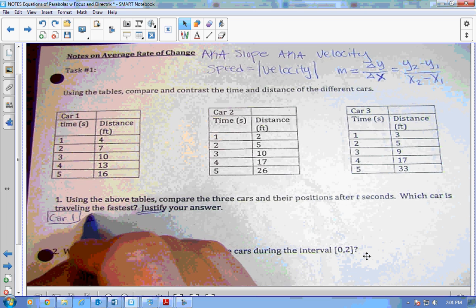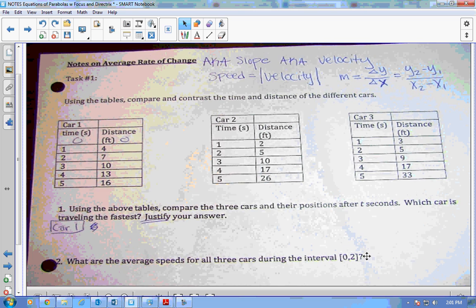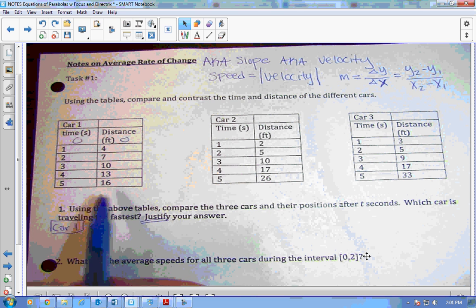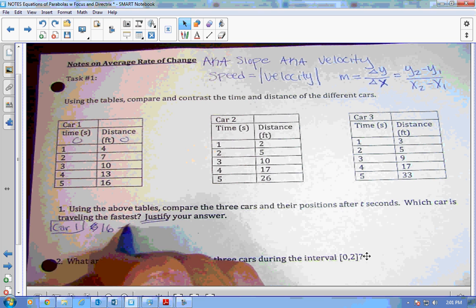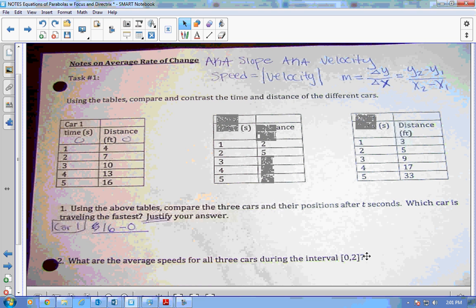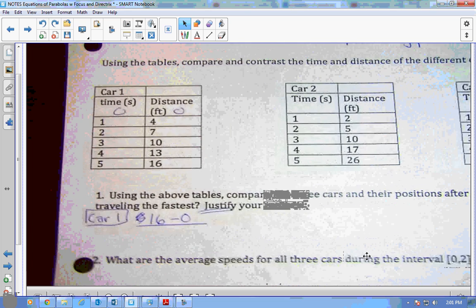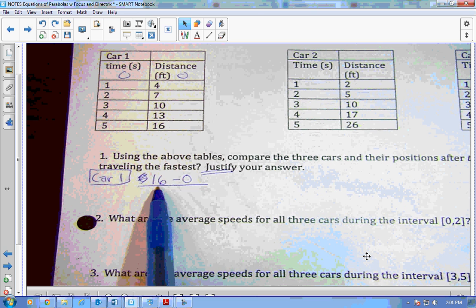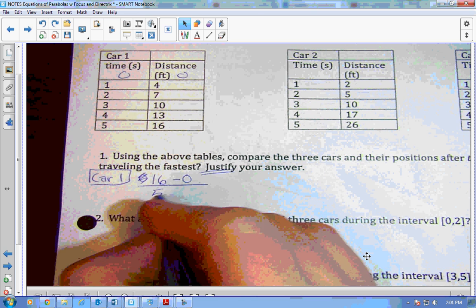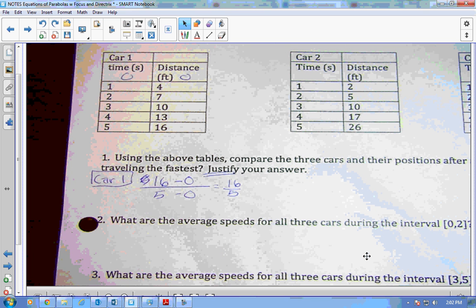Okay, now I'm going to put that right here, 0, 0, right? So y2 would be not 0, but actually 16 minus y1, which is 0. Because generally y2 is to the right on the graph. And then the x's, what's the corresponding x that goes with 16? 5 minus 0. So 16 over 5.